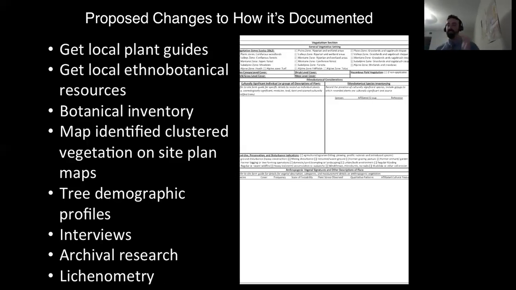We can do that essentially with things like the DBH of specific species within a radius of a certain feature or a site.